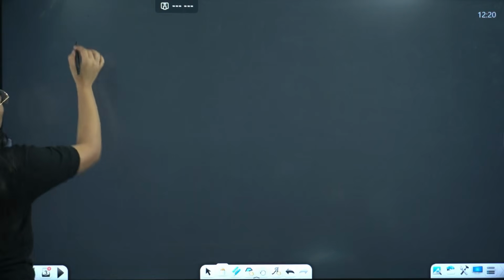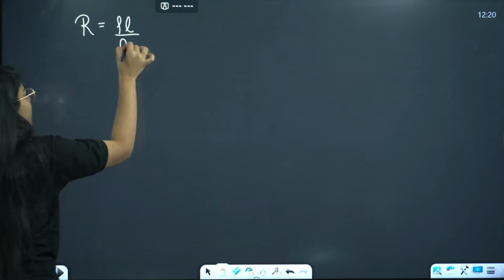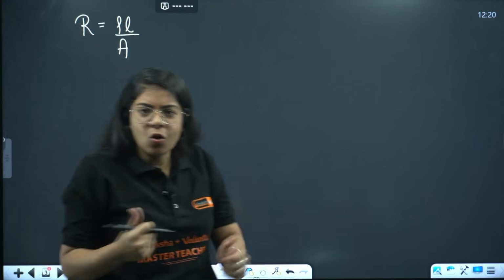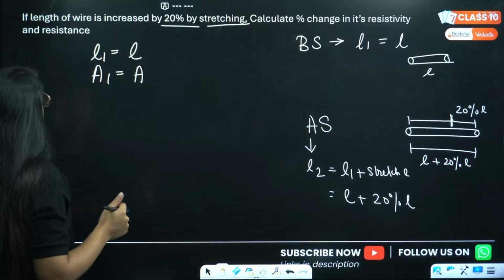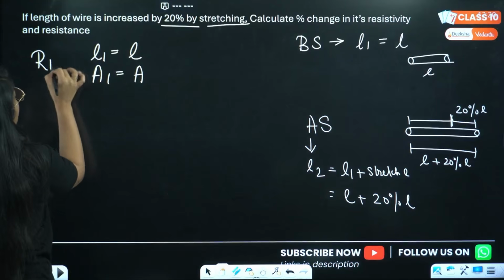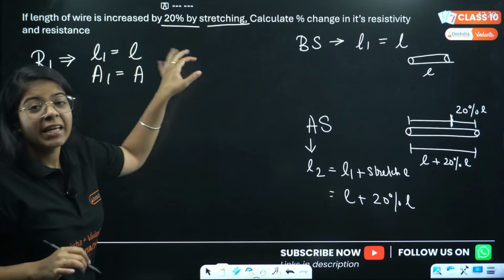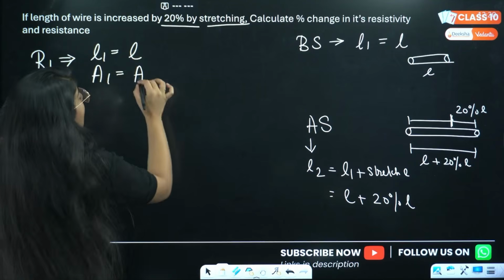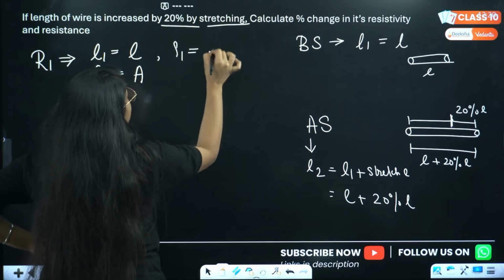Now I know that resistance is simply rho L by A. Now ma'am, even my soul knows this formula, right? So for R1, that is before stretching, length is L. A1, area of cross section is A, right?